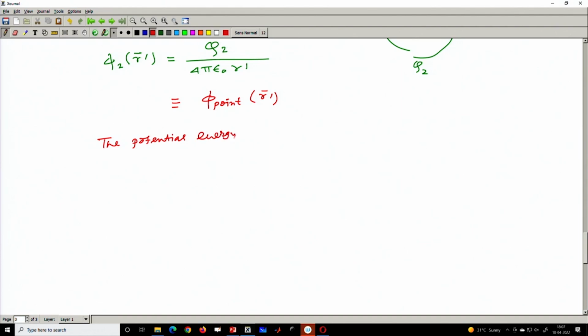of rho 1 at some point r, this is the potential energy that rho 1 should experience in the field produced by the charge distribution rho 2.